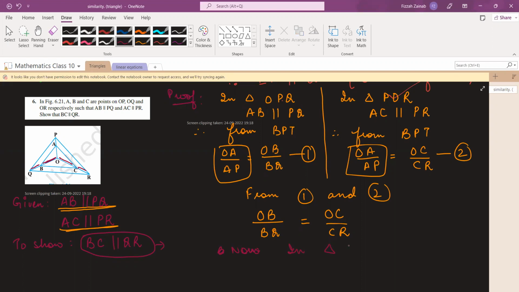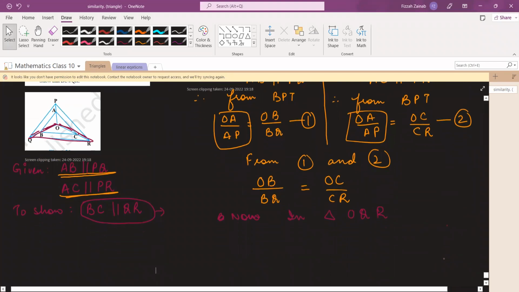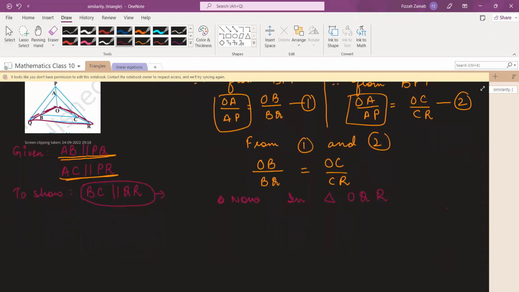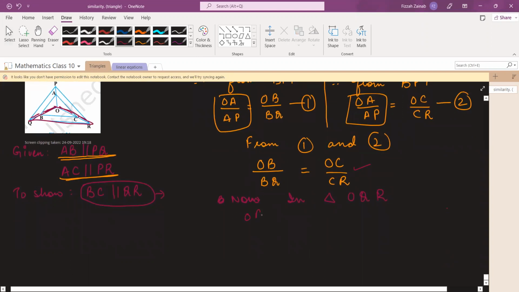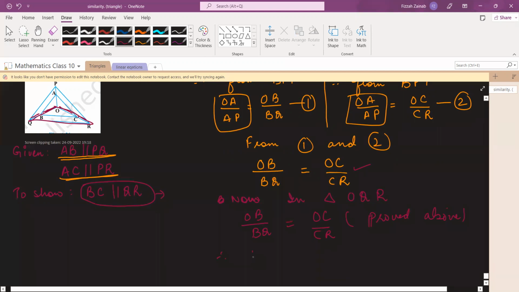In triangle OQR, we have just shown this result that OB upon BQ is equal to OC by CR, proved above. Therefore, BC will be parallel to QR, converse of BPT.